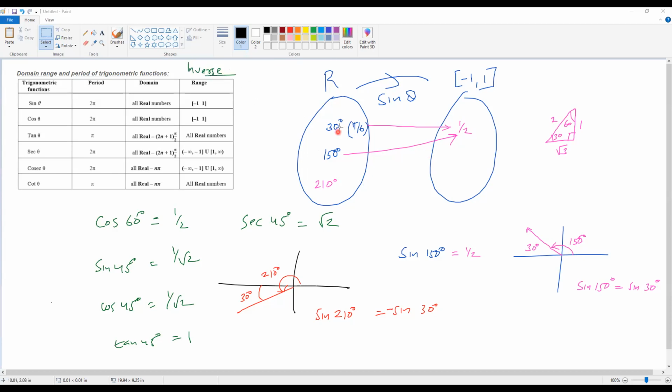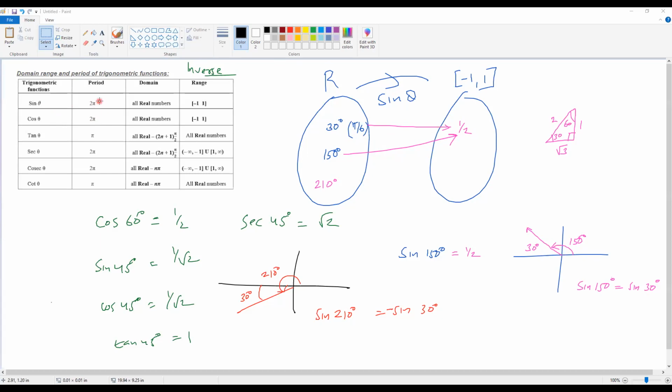So you can see this function is clearly not 1-1, because different inputs have the same output. Even if we leave all these things, we know that trigonometry functions are periodic functions, as we have seen in the graph. I will show you the graph again. Sine theta is periodic with period 2 pi.